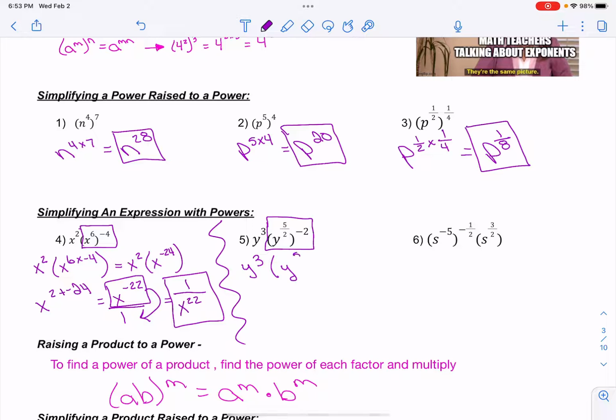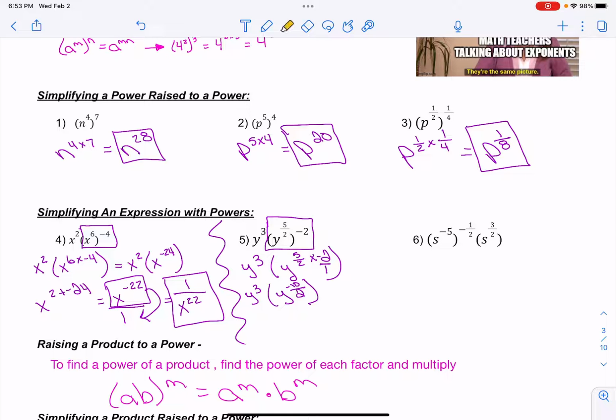And then we have y to the 5/2 times -2. This -2 is kind of over this imaginary 1, so that helps you again when multiplying these fractions. So we still have this y to the third out front, and then this y to the 5/2 times -2. We do 5 times -2, which gives us -10. And then 2 times 1 is 2.